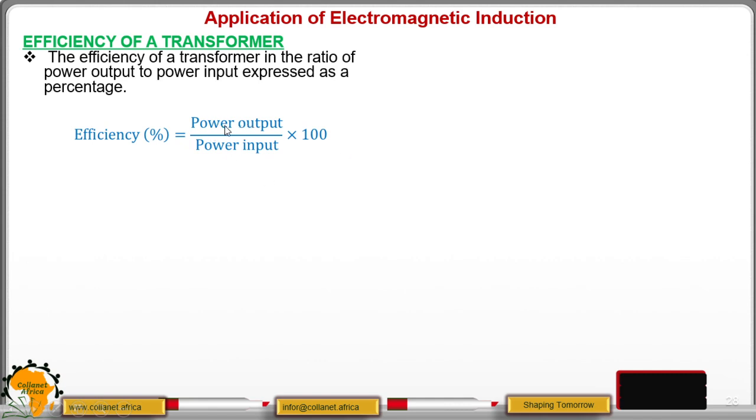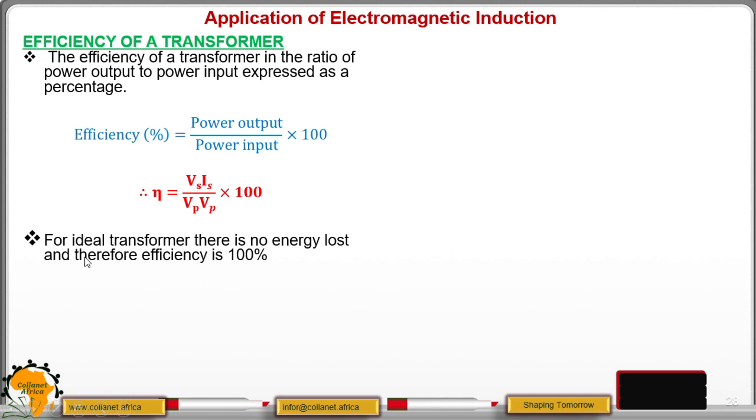We have seen that the power output is Vs, that is the secondary voltage, multiplied by the secondary current. Then we have the power input, which is the primary, that is Vp multiplied by Ip. Then you multiply by 100, and it is expressed as a percentage. Now this formula is used to get the efficiency of a transformer.